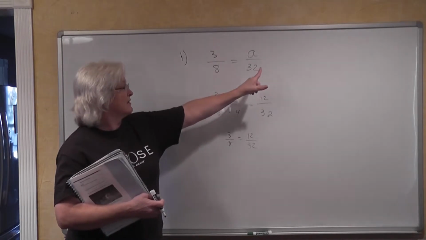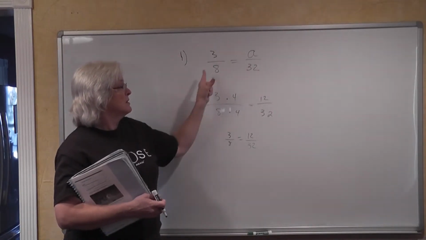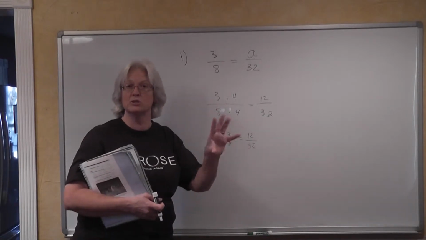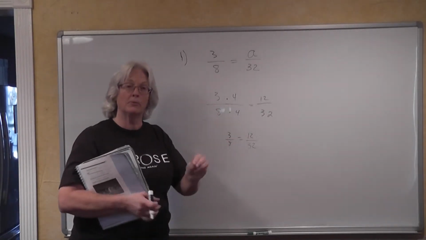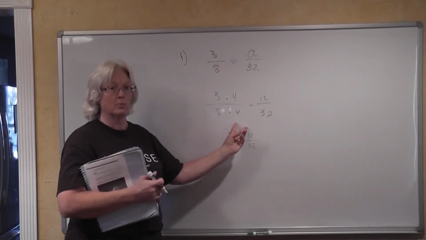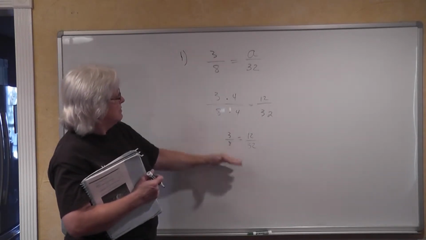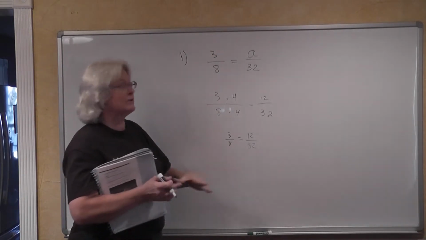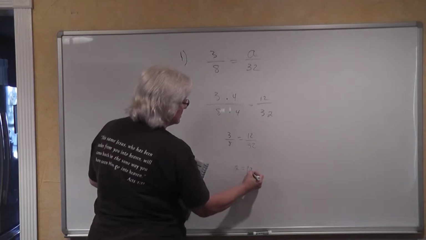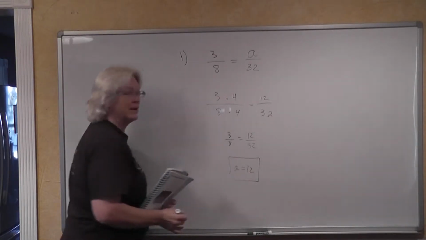Another way to figure it out is to say 32 divided by 8 gives you the 4, because multiplication and division are inverse operations, and they have that relationship between division facts and multiplication facts. So we now have equivalent fractions. So A is equal to 12 in that example.